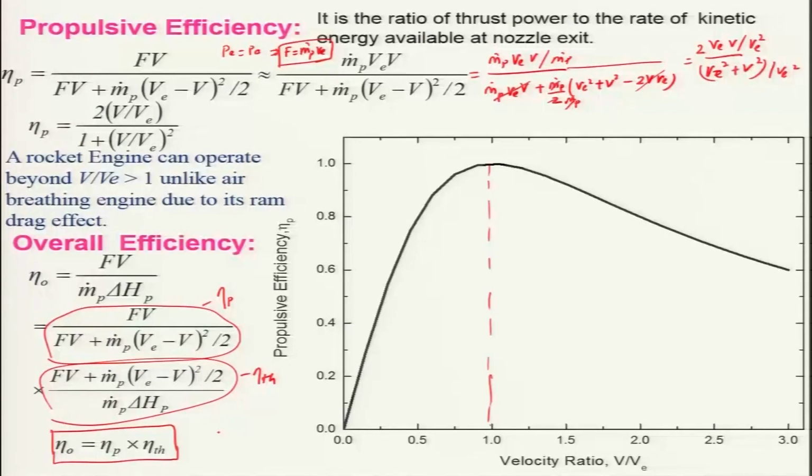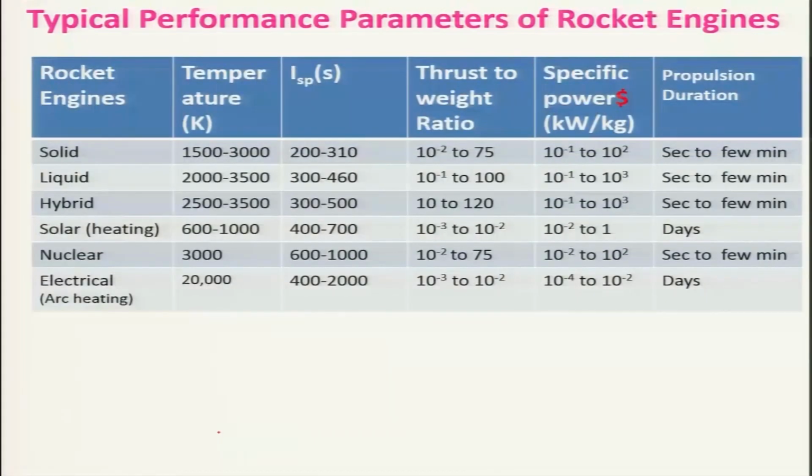So, let us now look at the typical performance parameters of a rocket engine. We are considering three chemical rocket engines: solid, liquid and hybrid, and this is your chemical rocket engine, and this is non-chemical.